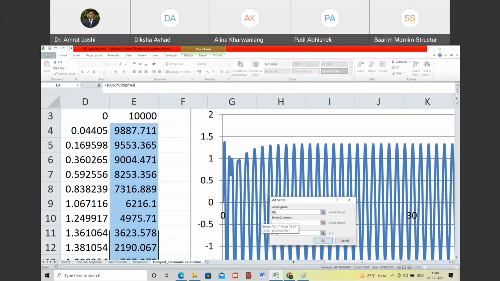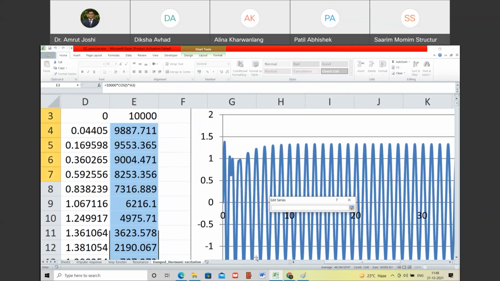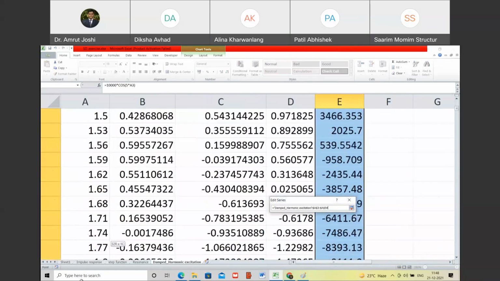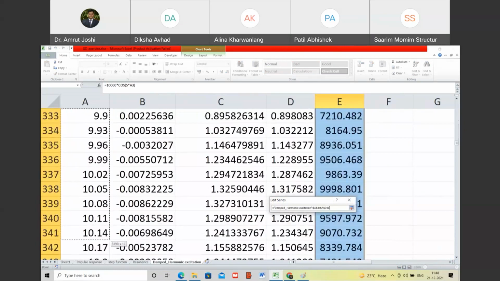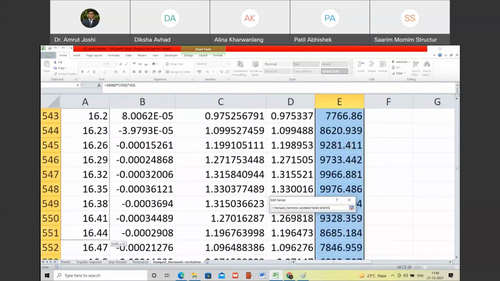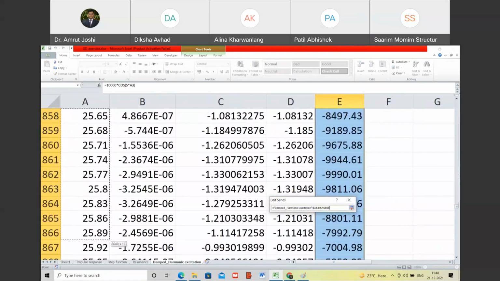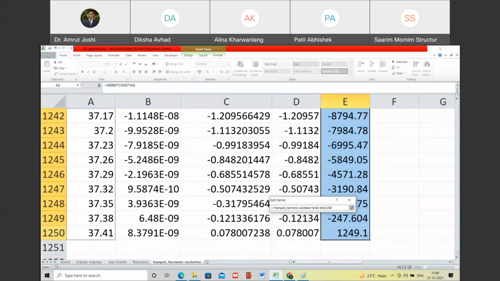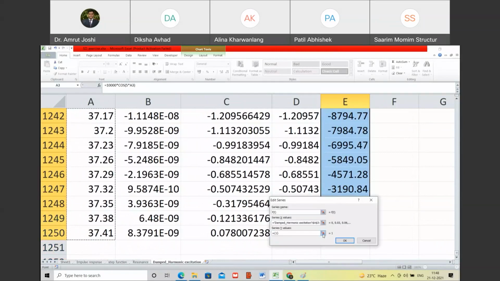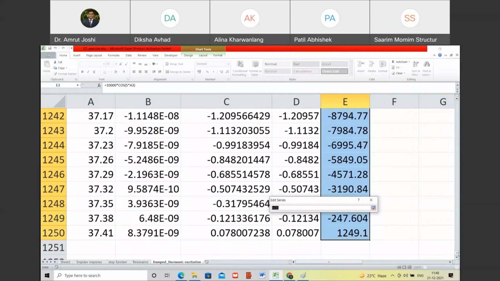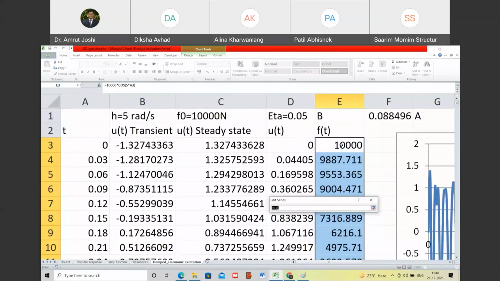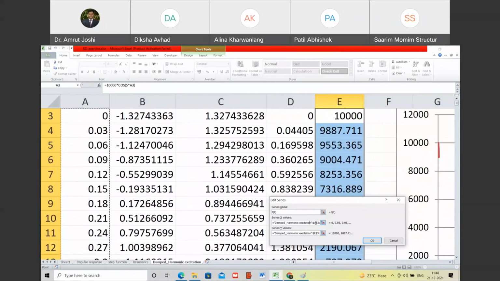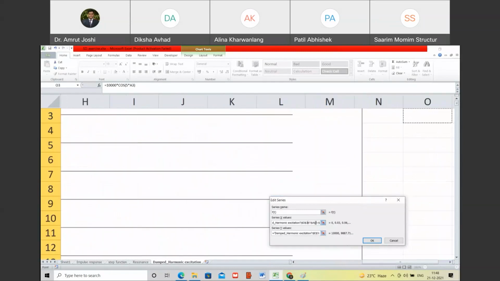In this, what is the x-axis? On x-axis, we are going to plot time. On y-axis, we are going to plot f.